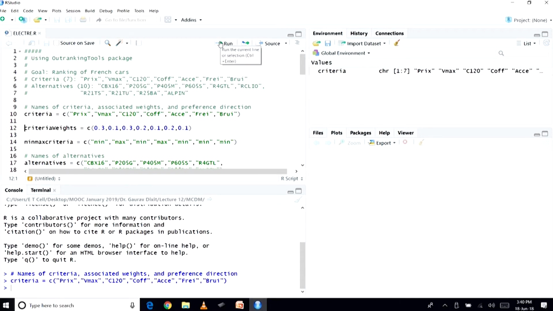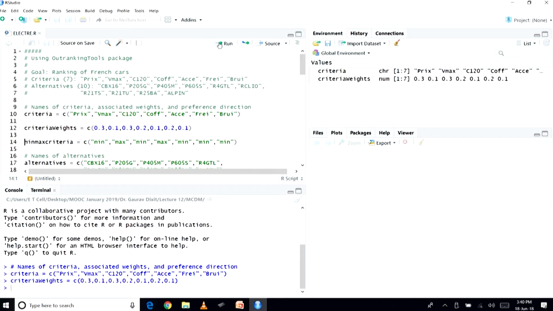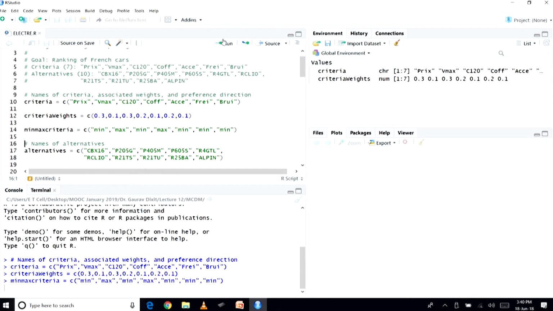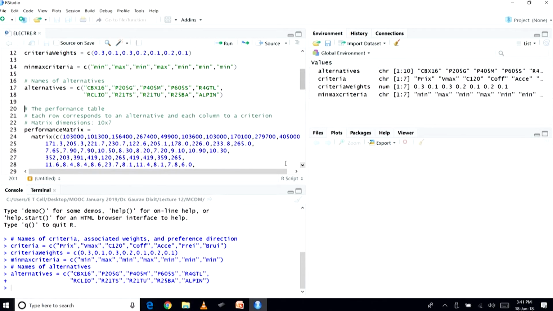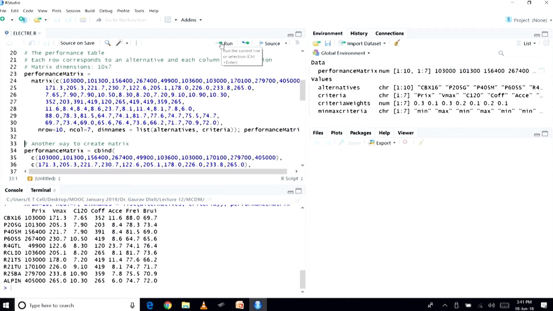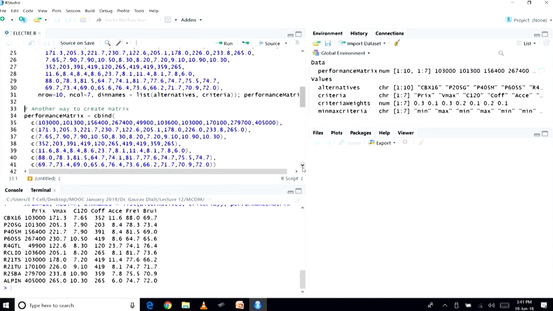We have created the criteria, as you can see in the environment section and in the console, and then the criteria weights, then the direction of criteria, then the names of alternatives. Then we are going to compute the performance matrix. Let us run this. This is created, so let us move forward.